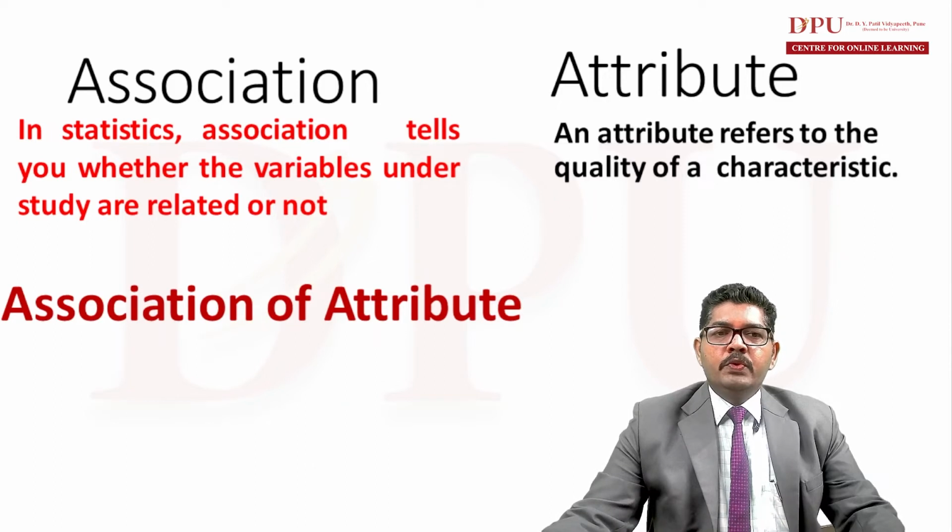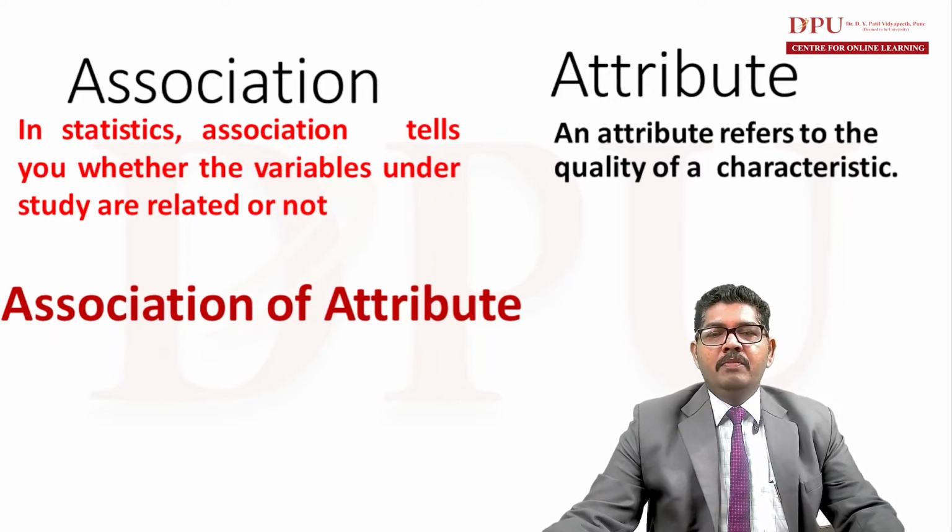Now what is association? In statistics, association tells us whether the variables under study are related or not. In correlation analysis as well as in simple and multiple regression, we tried to study the association between the variables, to understand whether there was any relationship between the given variables or not.